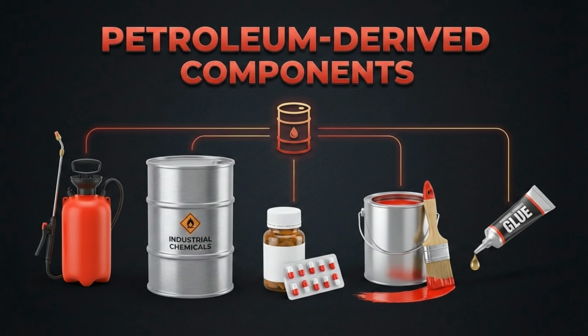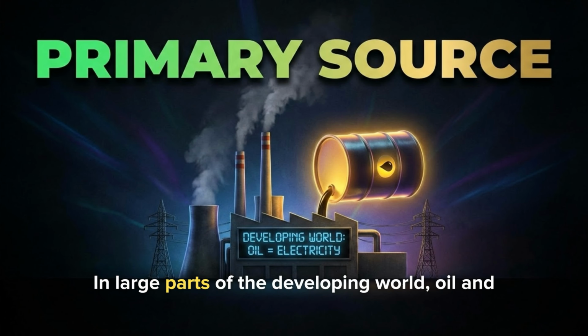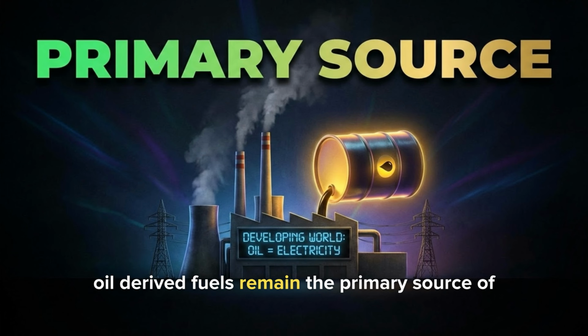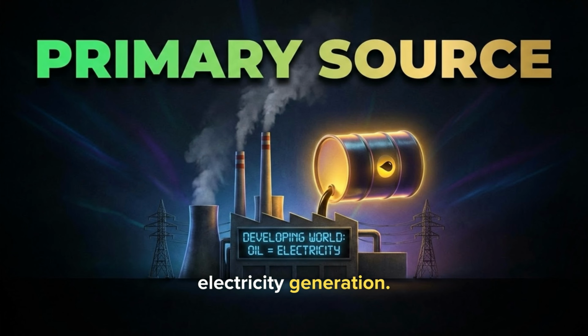Pesticides, industrial chemicals, pharmaceutical manufacturing inputs, paint, adhesives, all of these use petroleum-derived components at some stage of production. In large parts of the developing world, oil and oil-derived fuels remain the primary source of electricity generation.